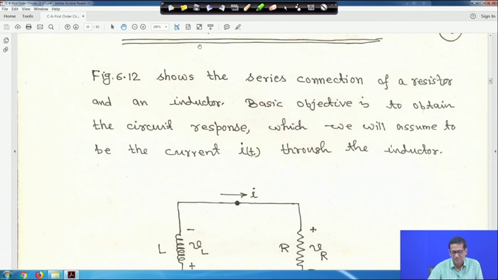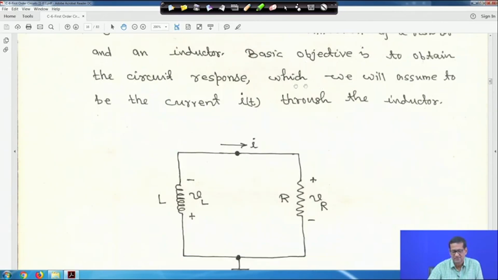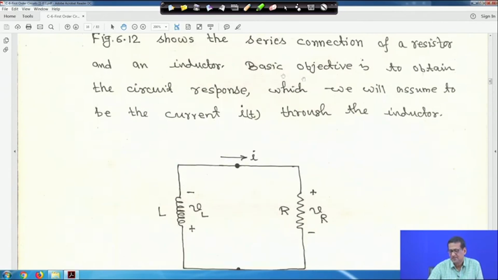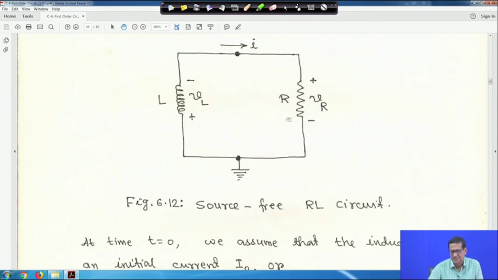So this figure 12 shows the series connection of a resistor and an inductor. The basic objective is to obtain the circuit response, which will be the natural response, because it is a source free circuit, which we will assume to be the current i(t) through the inductor. So this is a simple circuit, this is the inductor and this is the resistor and this is the current i, right.